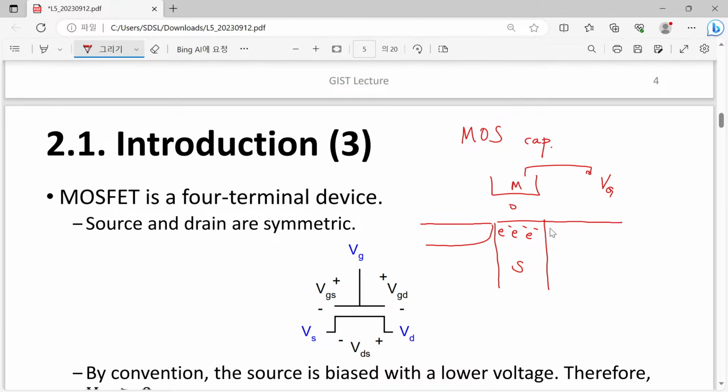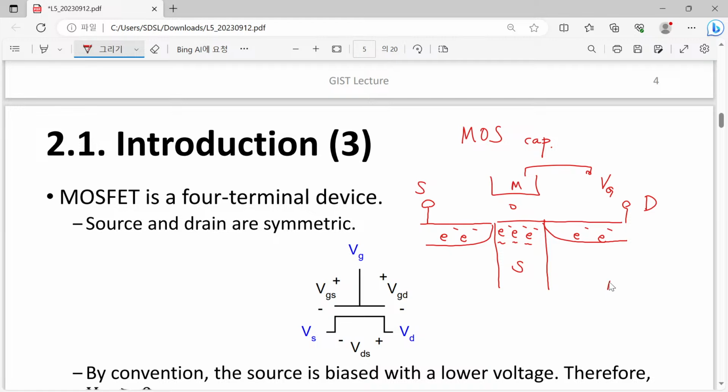So here and there, since these carriers are electrons, we need to have some reservoirs for electrons, and usually this part is called the source and this part is called the drain. Why are they called source and drain?